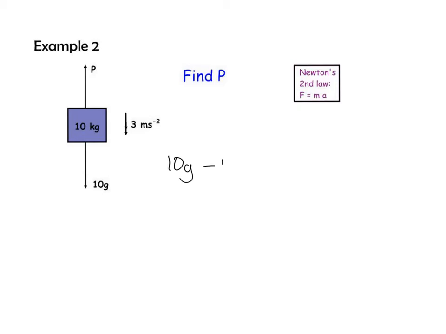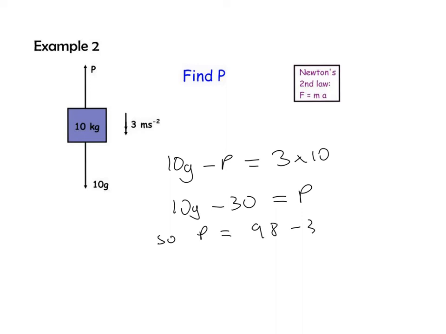So 10g take away P equals 3, that's the acceleration, times the mass, which is 10 kilograms. So we know that 10g take away 30 equals P. So P equals 98 take away 30, which equals 68 newtons.